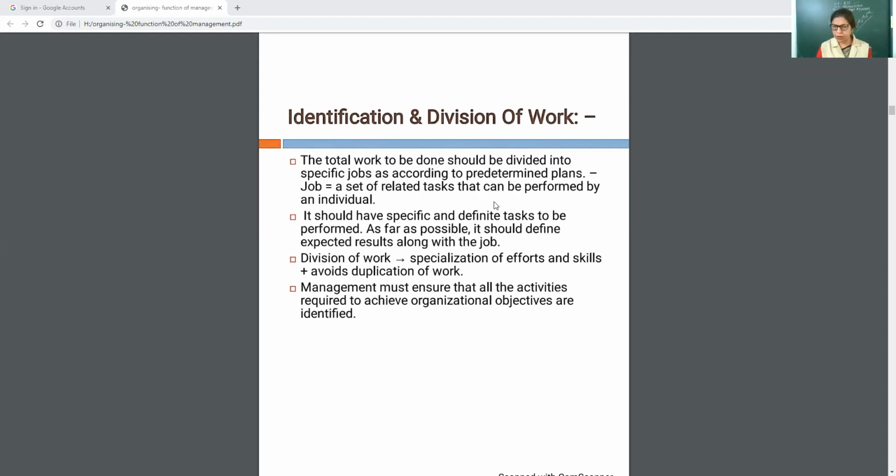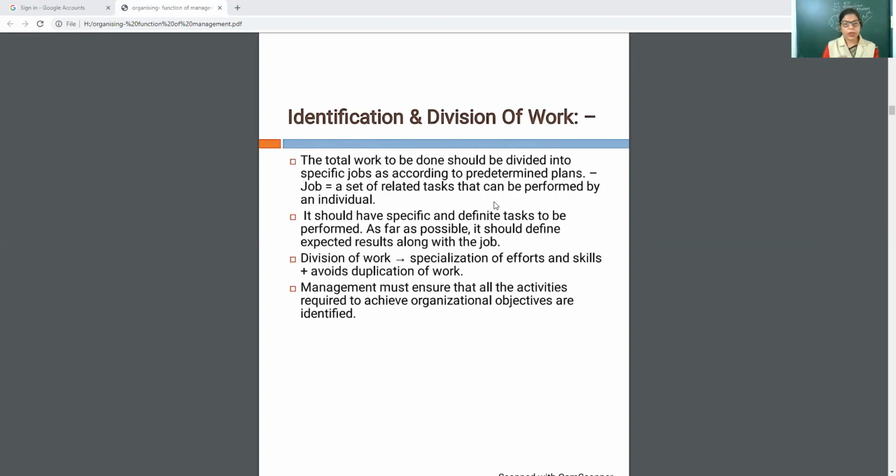Identification and division. Now, what is division of work? In chapter 2, Principles of Management, the first principle was division of work. Division of work means all the activities of the organization should be divided into smaller parts or smaller tasks, and that should be assigned according to qualification, knowledge, skill, capability. So there will be specialization and perfection in the work.